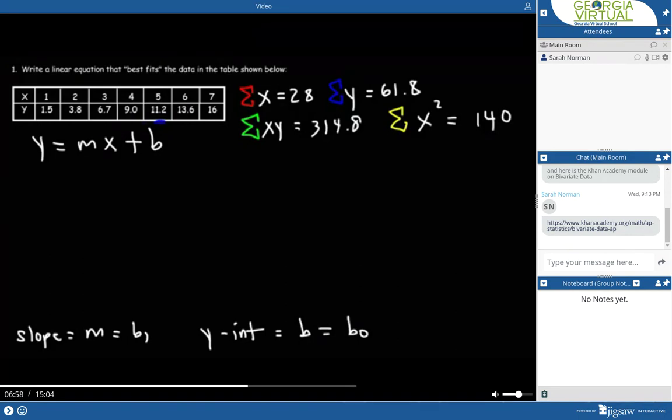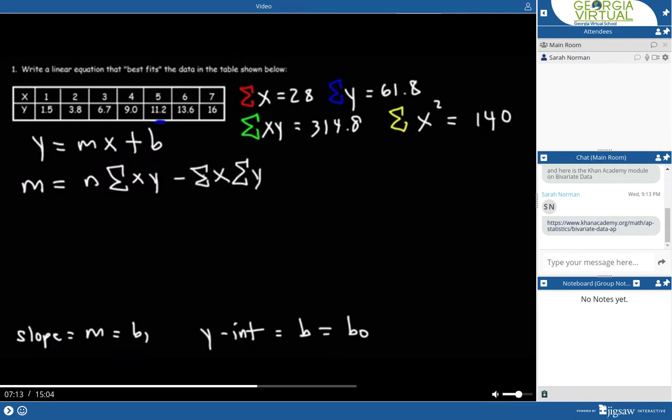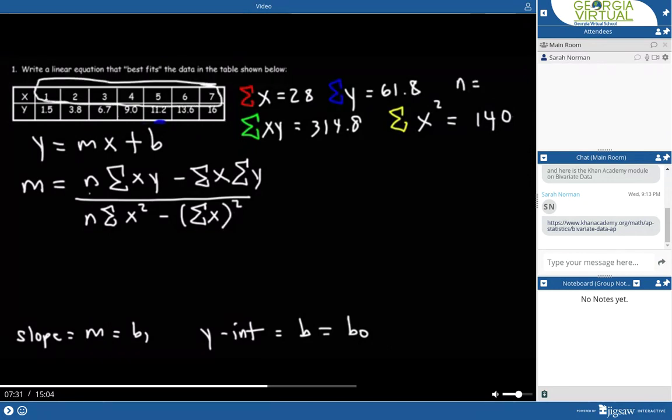Now, let's talk about how we can calculate the slope in this example. The slope is equal to n times the sum of the xy values minus the sum of the x values times the sum of the y values, and then we're going to divide that by n times the sum of x squared minus the sum of x, squared. By the way, n is the number of values that we have in our data. So we have 7 points, thus n is 7.